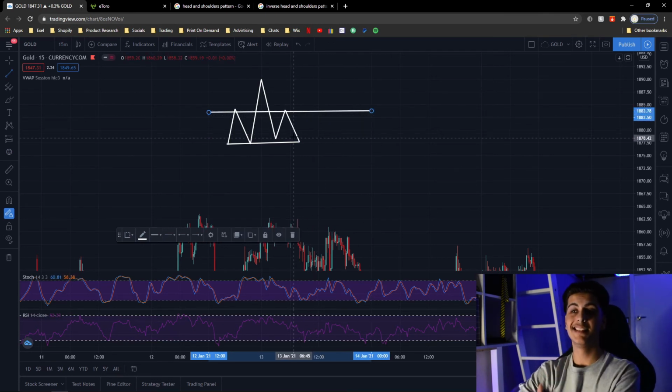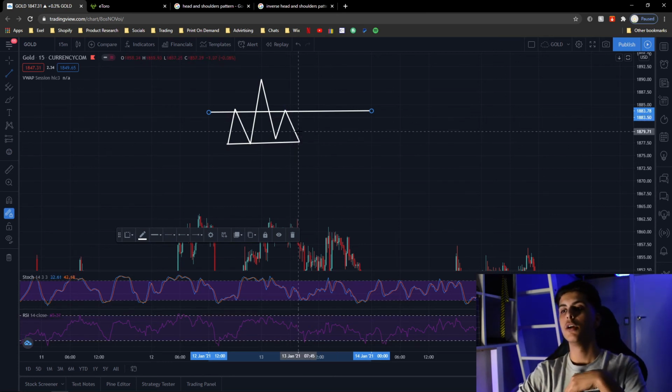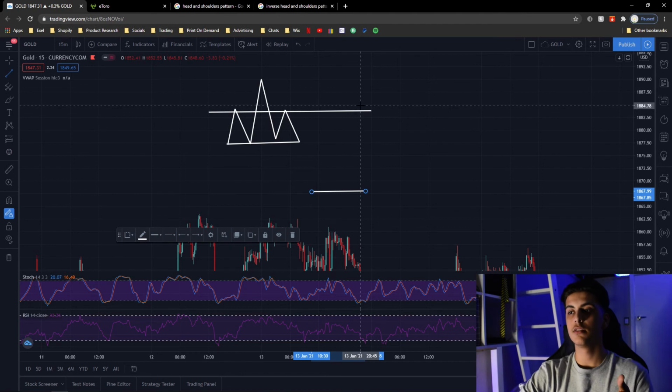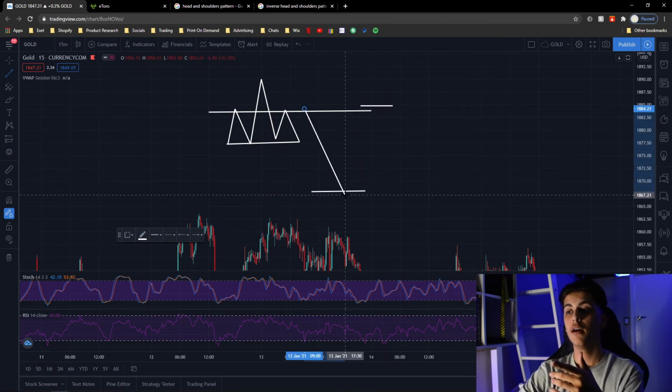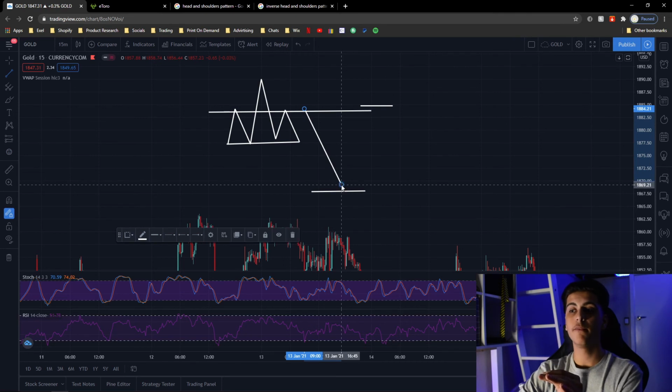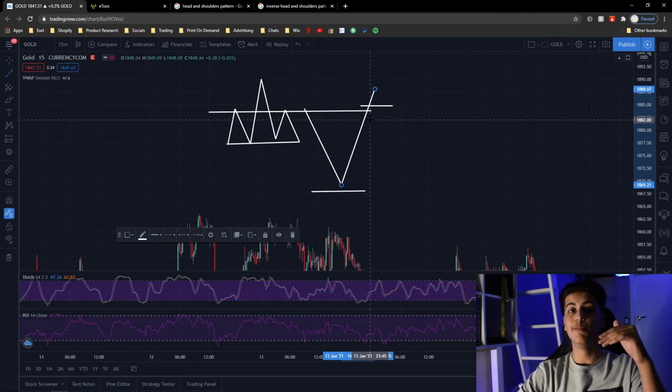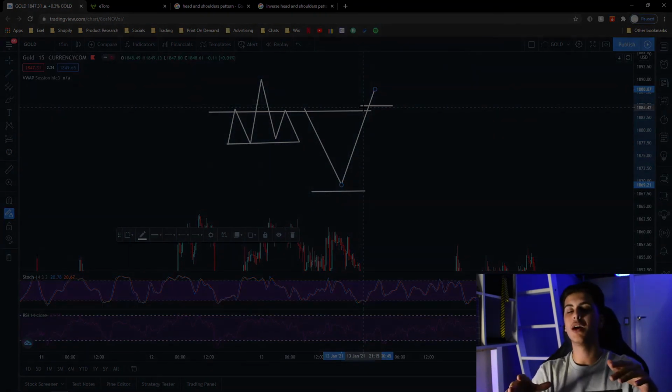Since this is a Head and Shoulders, it's going to go down, yeah? So let's say the take profit is over here and your stop loss is over here, all right? Now if this comes down close to your take profit, and then goes all the way back up to your stop loss, you're going to lose money, because your stop loss is below your actual entry, so you're going to lose money.